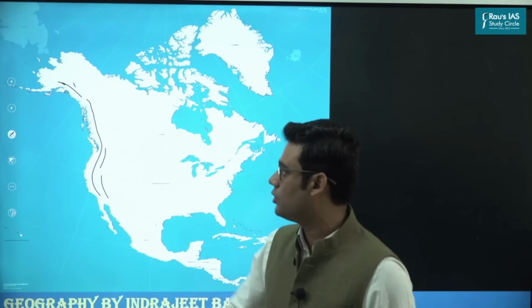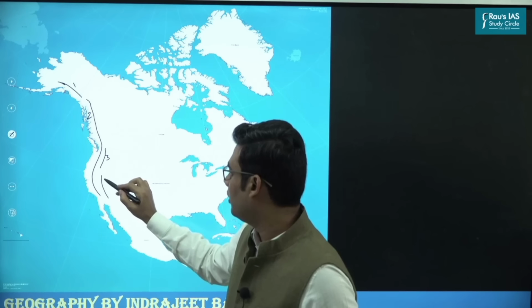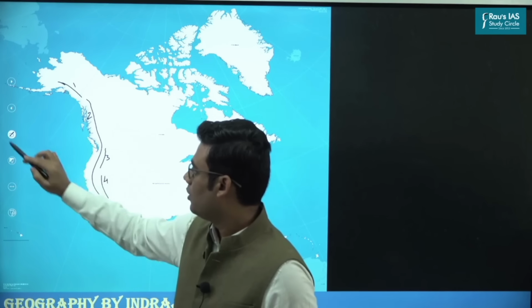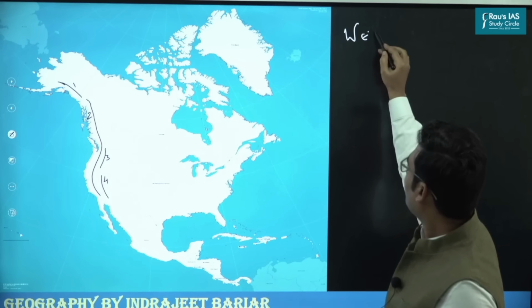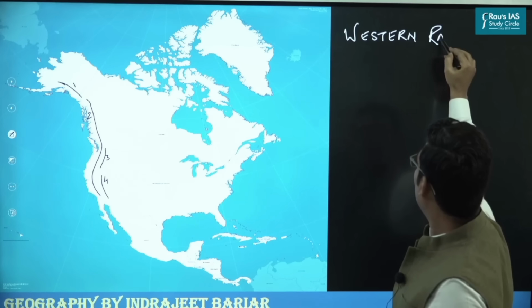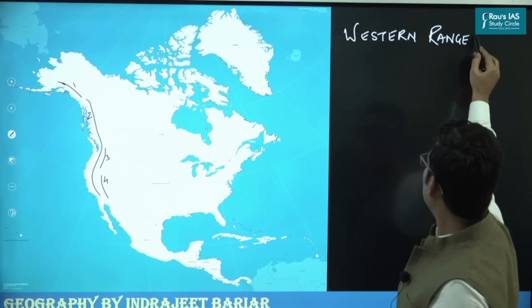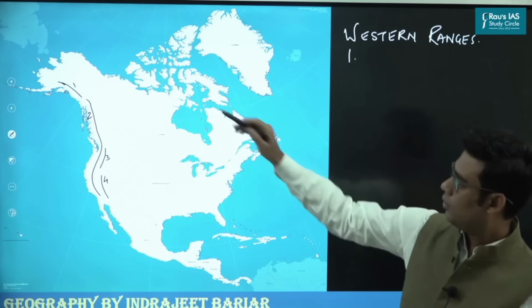As of now, these four ranges we are marking. So this is what we are identifying as the Western Ranges.